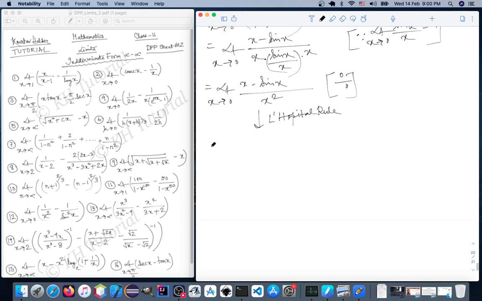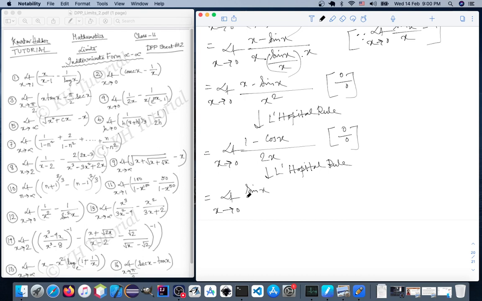And we get 1 minus cos x divided by 2x. This is also again of the form 0 by 0, and we again apply L'Hopital's rule, and we get, cos x differentiated becomes minus sin x, so sin x by 2.